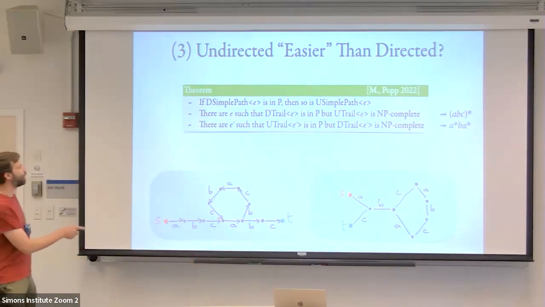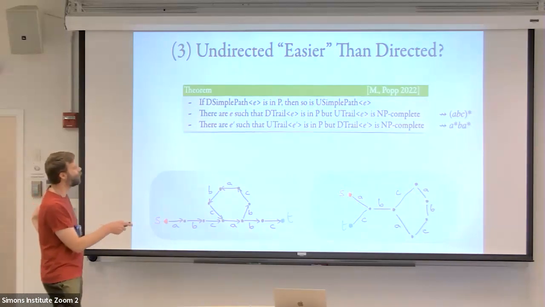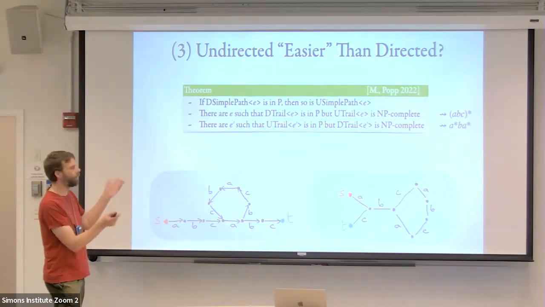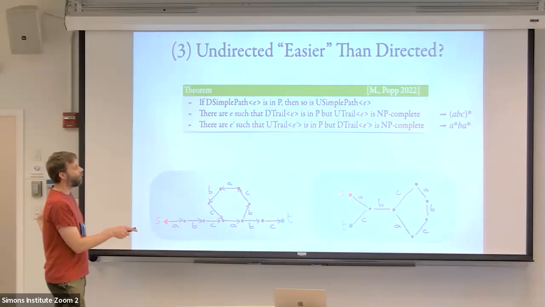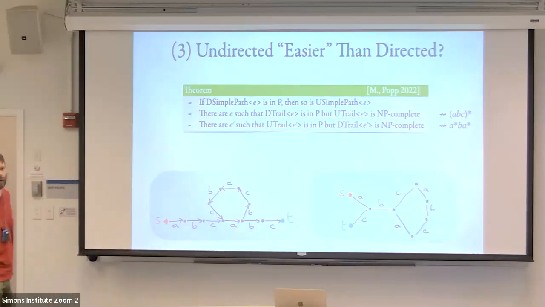And then this other one we already kind of knew. This is easy in the undirected world. It's the two disjoint paths problem. It comes from the graph minor work, but this is hard in the directed world.